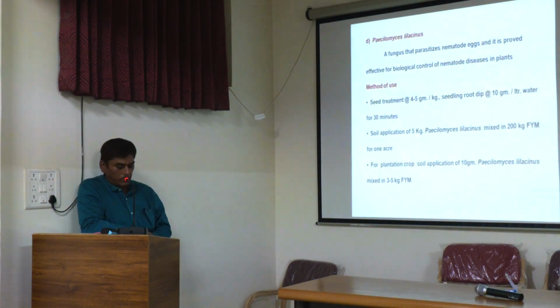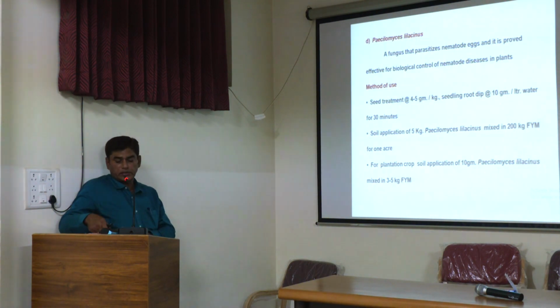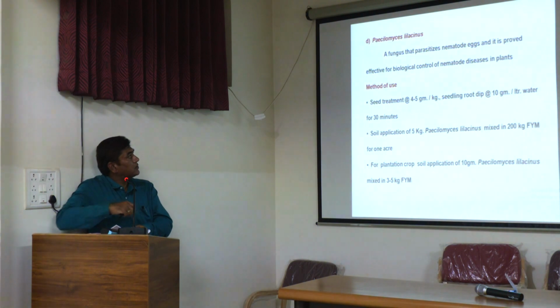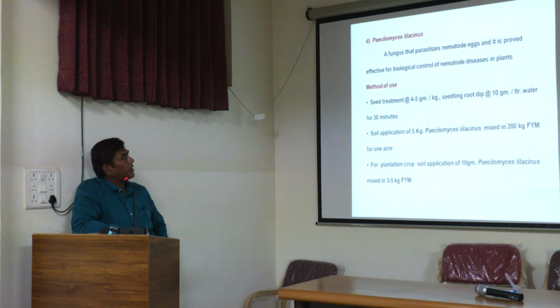This is the most important one against nematode management, Paecilomyces lilacinus, which parasitizes the nematode eggs, and is proved to be an effective biocontrol of nematode disease. It is used as a seed treatment at 4 to 5 gram per kg.